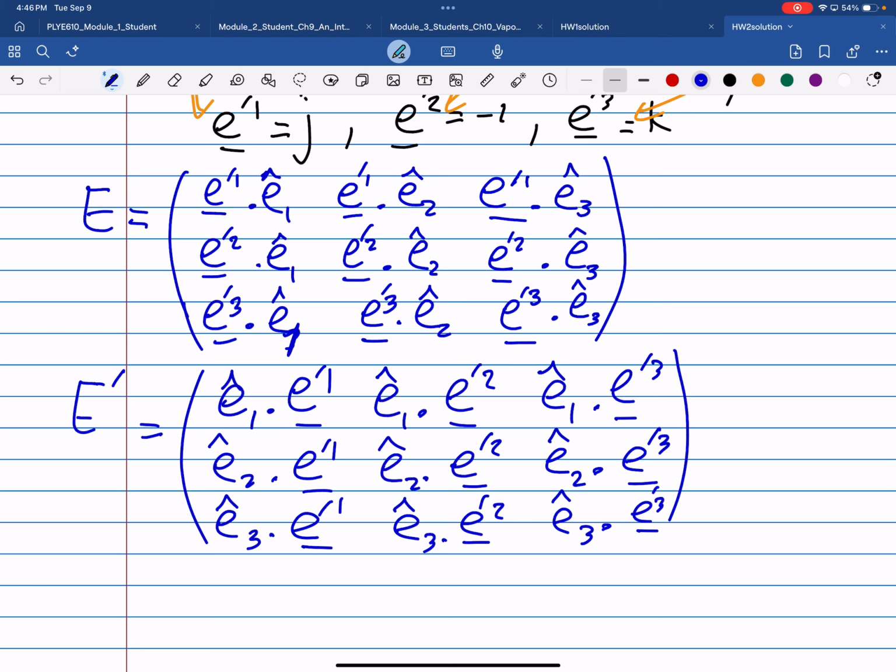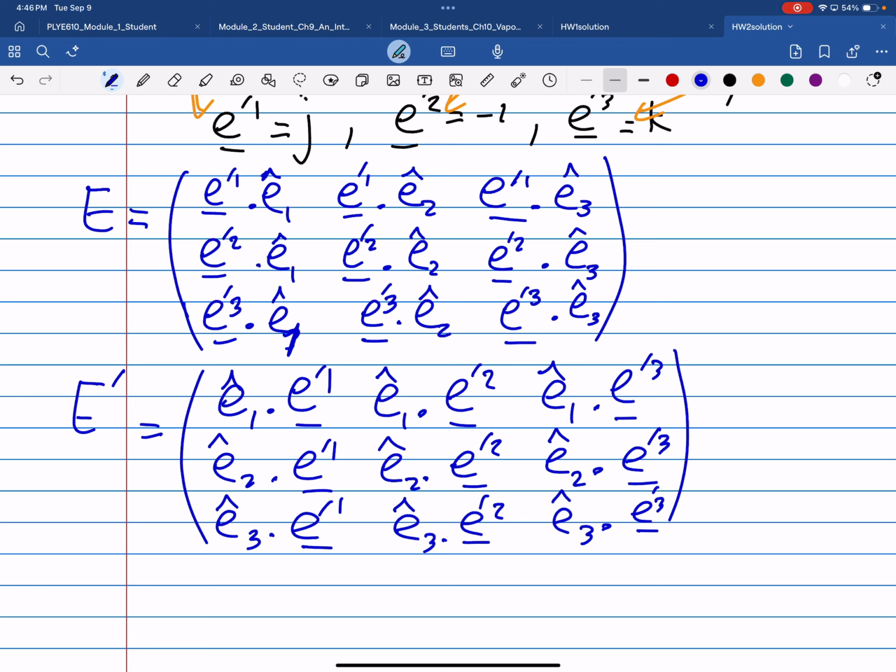So you need to do a bunch of dot products. You have the expression for the prime reciprocal basis, right? And you can easily calculate this dot product.